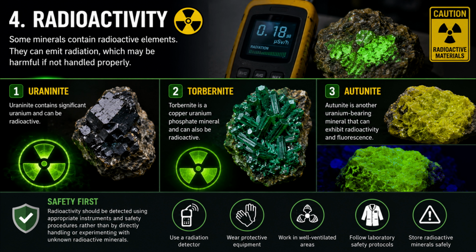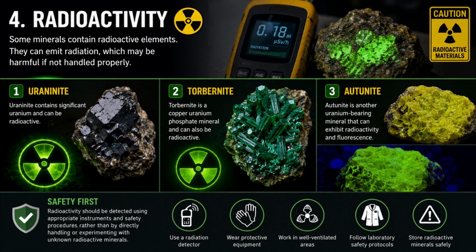The other property to differentiate minerals is radioactivity. Some minerals contain radioactive elements, for example, uraninite. Uraninite contains significant uranium. It can be radioactive. Torbernite is a copper uranium phosphate mineral.